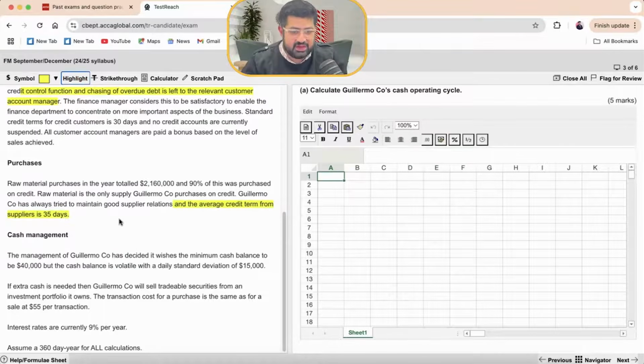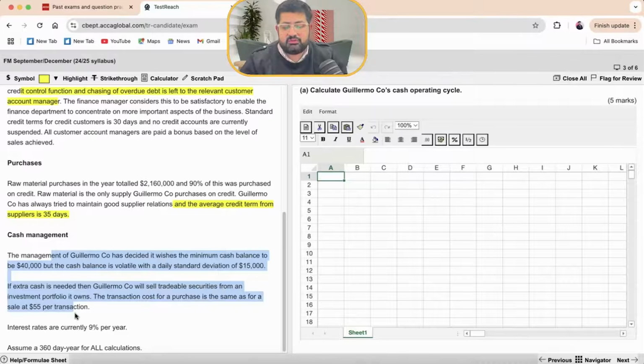Okay, so they have given the supplier days, they have maintained it. Now the management of cash is not related to this part of the question. Then they say assume 360 days for all calculations.